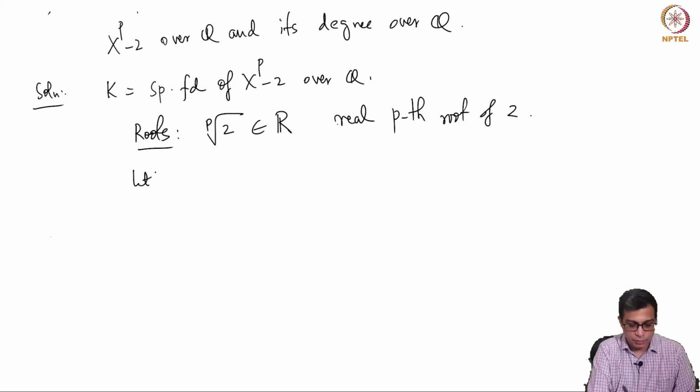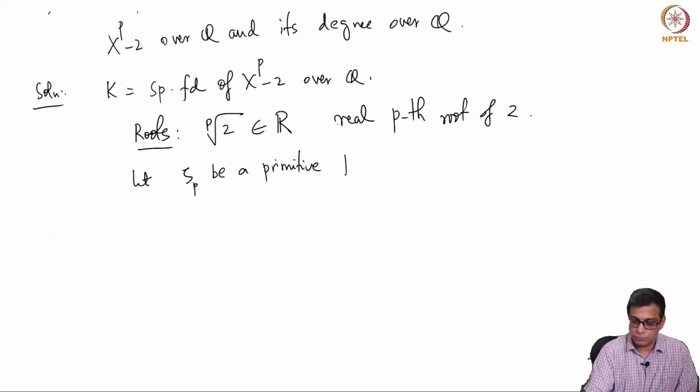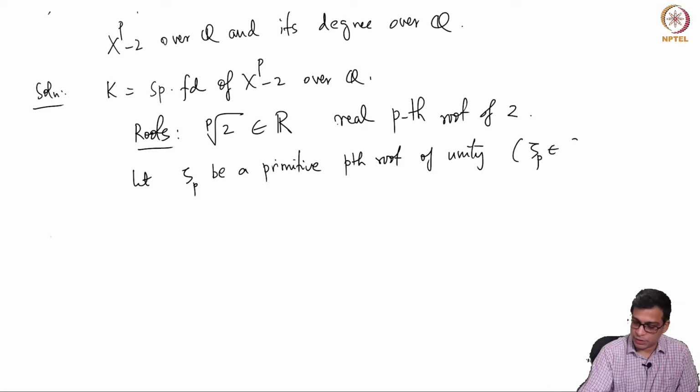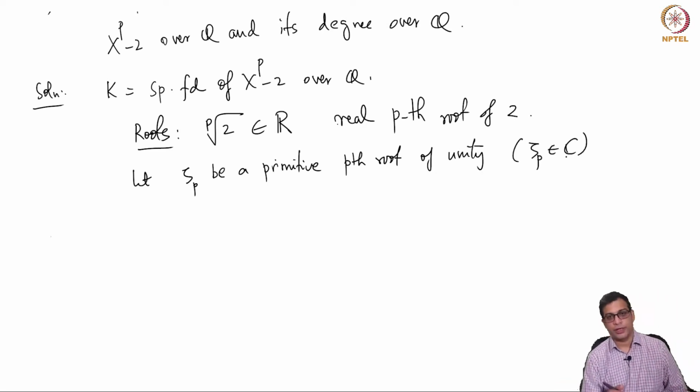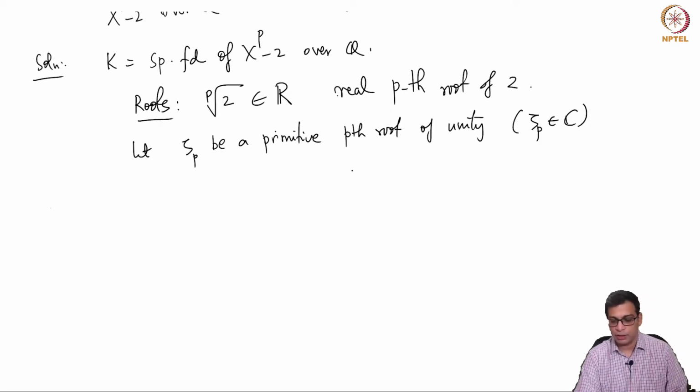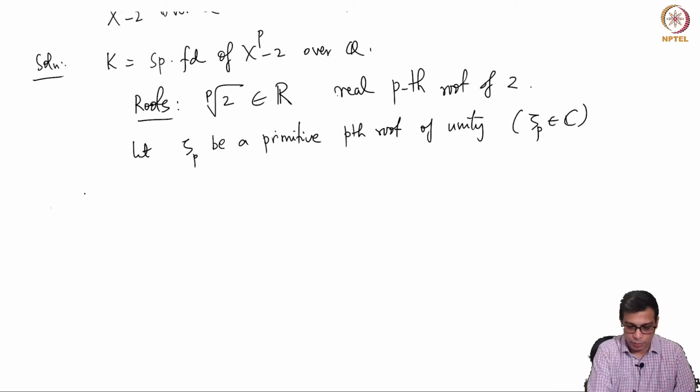And let zeta p be a primitive pth root of unity. So this is of course in the complex numbers, right? It's typically not real; in fact p is a prime number, so unless it's 2 it will not be in the real numbers. There could be several primitive pth roots, so let it be a primitive pth root of unity.